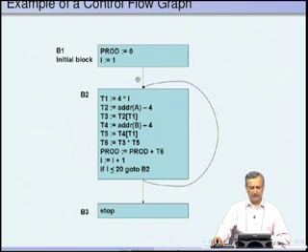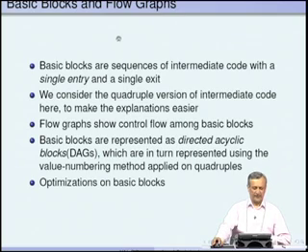You cannot quit until you come to the end of the basic block. Take this big block, there is no control jump instruction somewhere in the middle of this particular block, it is only at the end. So, this type of sequence of quadruples is known as a basic block. They have a single entry and a single exit.